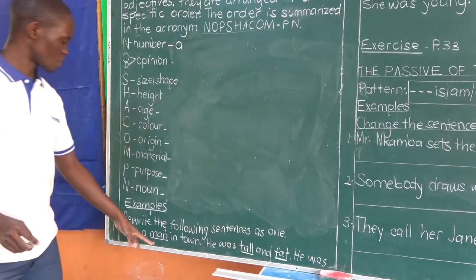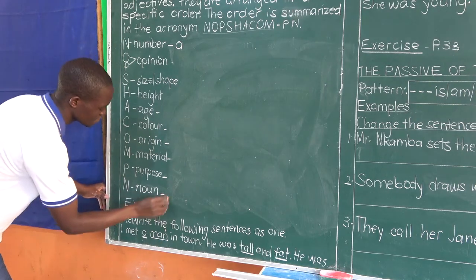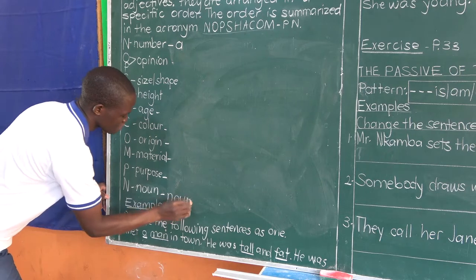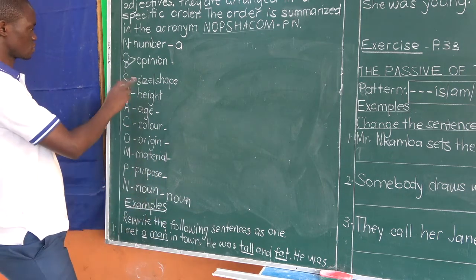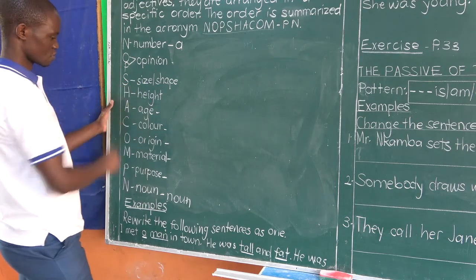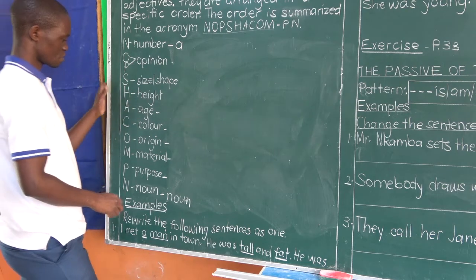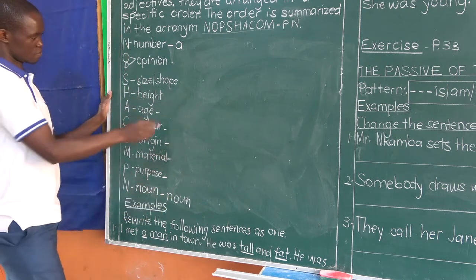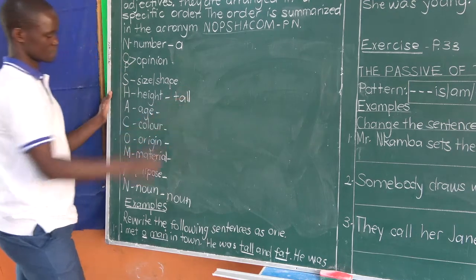Next, we have the word man, which is now the noun. Man is a noun. What else? We see the word tall. For which category is that? Tall. Is it size or height? This height is measured going up. This must be under height. Tall, height.